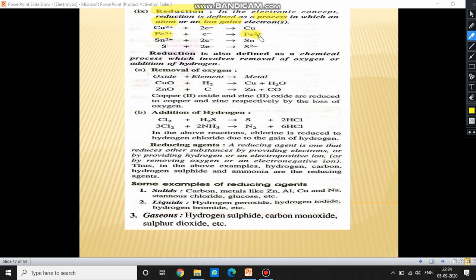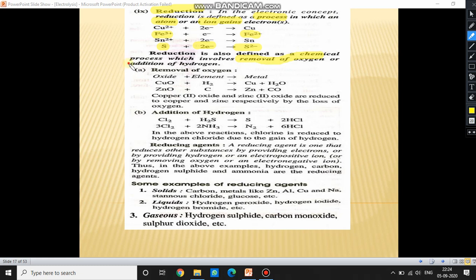So this is called reduction. Similarly, a sulfur atom is accepting 2 electrons and it's becoming a sulfide ion. So this is reduction.